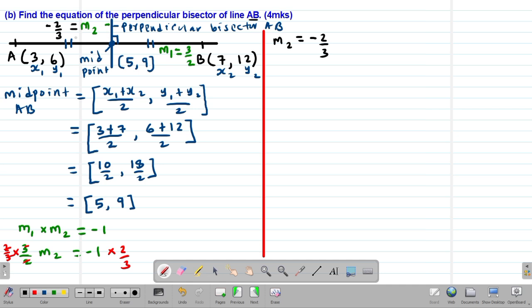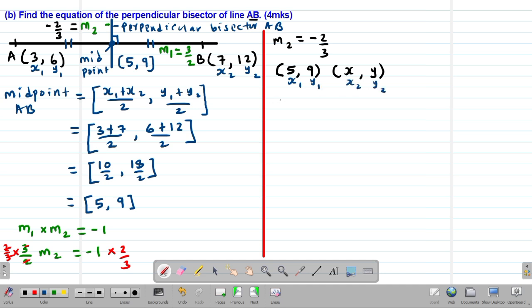Now, having the gradient and of course a point through which this particular perpendicular bisector passes through, we can easily find the equation. So remember, the point through which the perpendicular bisector passes through is the midpoint, which is 5, comma, 9. Then I'll also pick a general point, x y, so that I can use this particular tool to find the equation of the perpendicular bisector. So this would represent my x1, then y1, then x2, then y2.